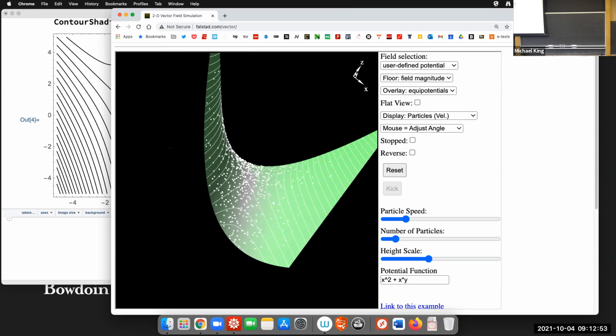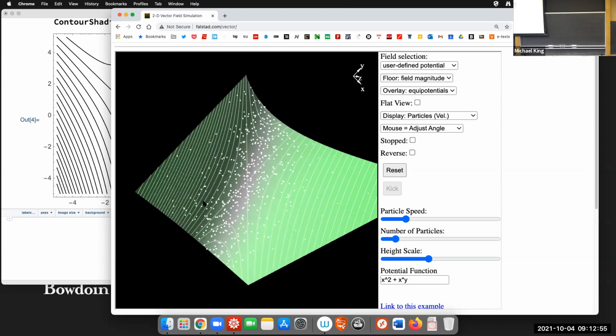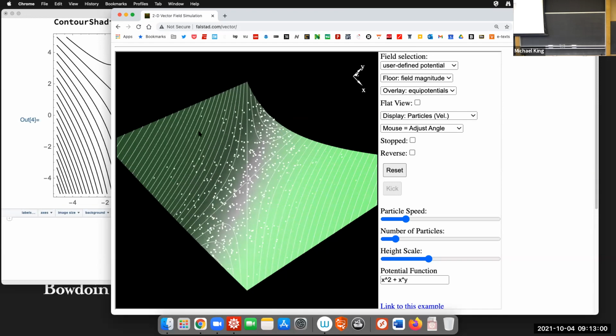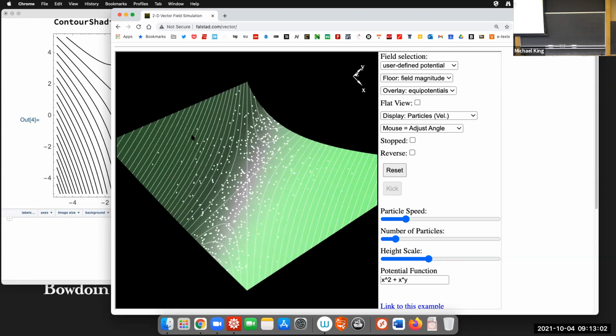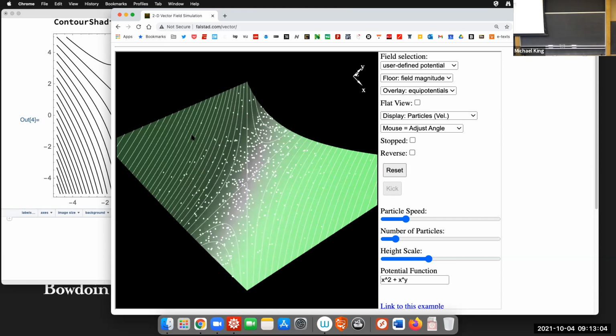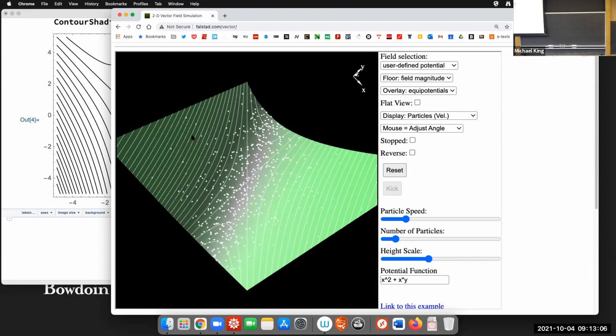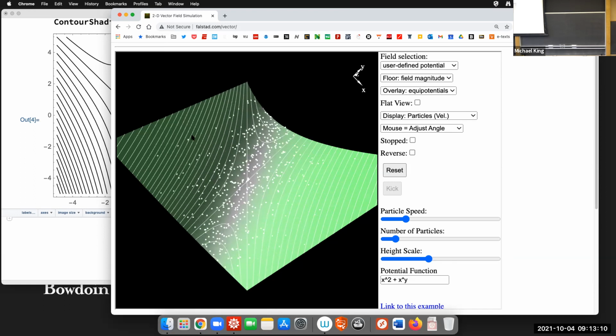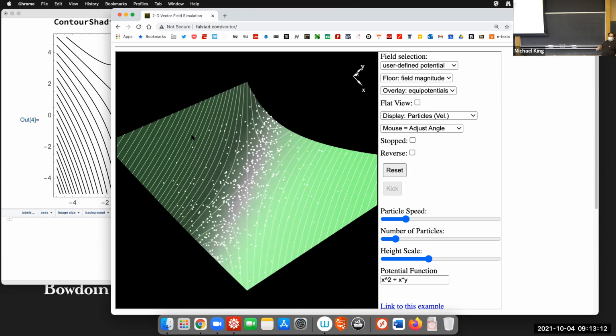The reason I'm talking about that is a lot of people talk about this kind of picture as a negative gradient. If you put marbles or water on the surface and let gravity do its work, it goes down the fastest possible route, the opposite of the gradient.